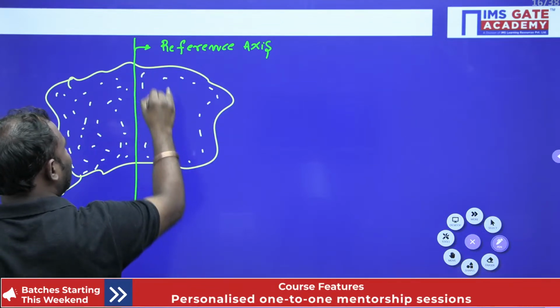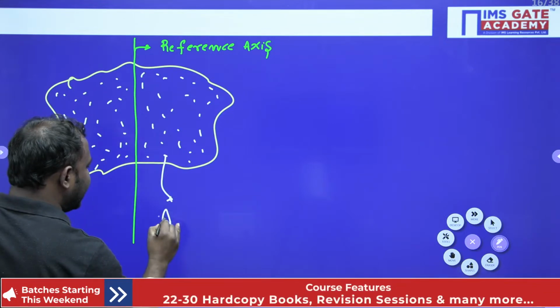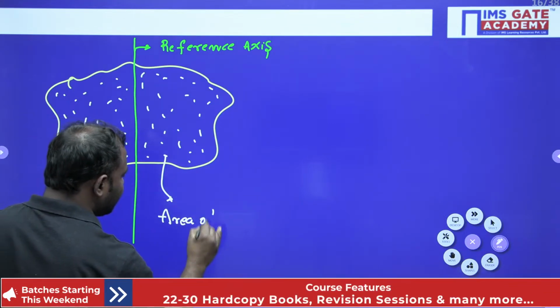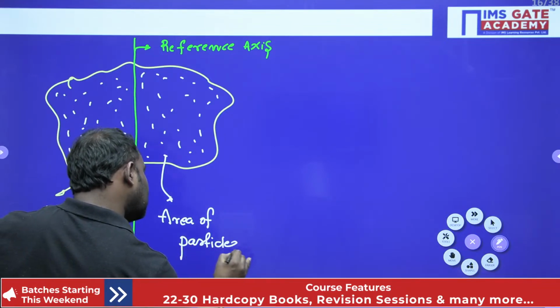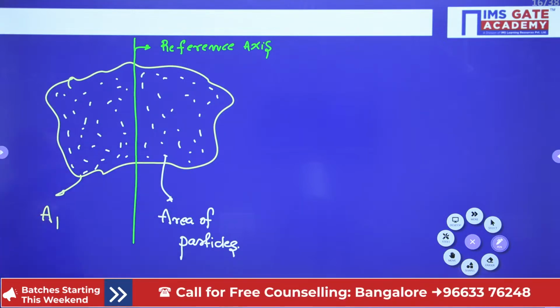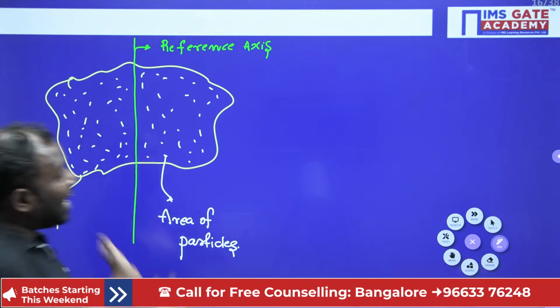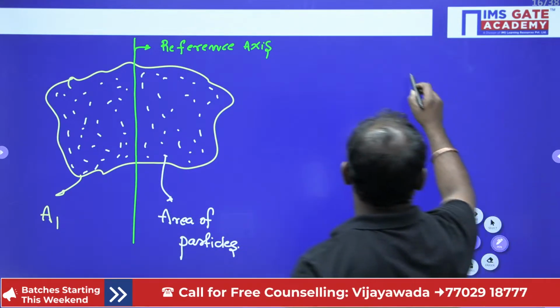The area of the particles is distributed like this. This is called the area of particles, right? Now similarly, whatever the area A1 I am considering, this area I have just drawn vertically. Now look at here.